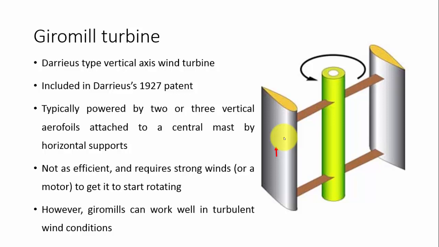It means the air particles are moving in a chaotic manner, not in a laminar or smooth manner. If the air particles are moving in a zigzag manner, that is called turbulent wind. So the giromill turbine can work well in turbulent wind conditions also. That is an advantage of this turbine.